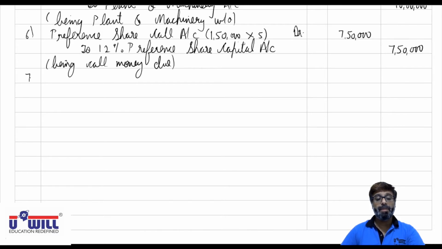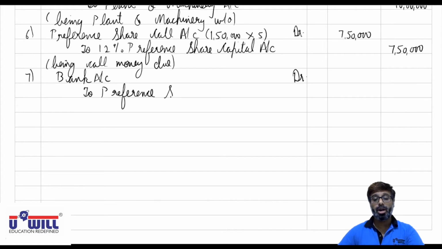Now we will pass the entry for receiving it. So bank account debit to preference share call account 7,50,000.